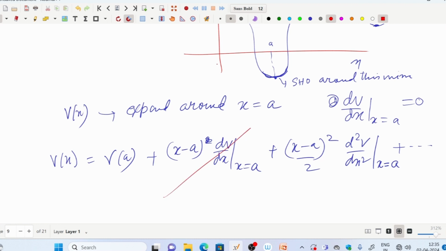But I already said that x equal to a is the minima of the potential, so this term is 0.